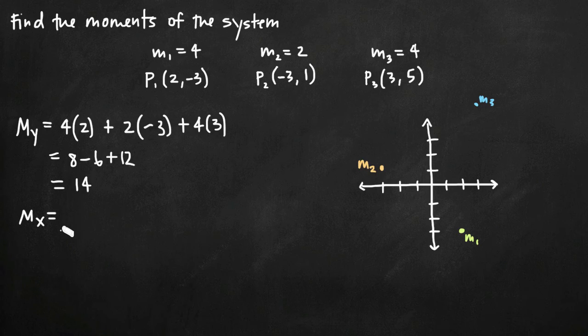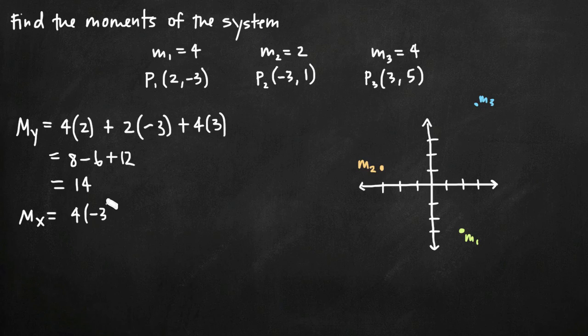We'll do the same thing for the moment with respect to x here. We'll take the masses again, but we'll multiply them by the distance that these masses are away from the x-axis. So for this first one, here's mass 1. We start at the x-axis and we go down 1, 2, 3. So -3 is the distance that it is away from the x-axis, which of course is the y-coordinate.